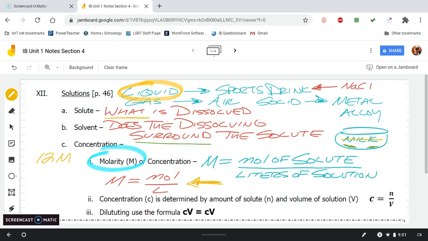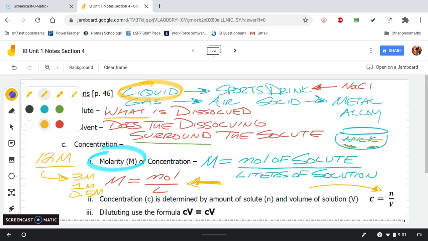When I give you the hydrochloric acid to use in class, I dilute it, and I might give you, let's say, 3 molar, or 1 molar, or maybe 0.5 molar. The smaller the number, the more water you have. Okay. Here's the way the IB writes it. I prefer the way that we learn it here: molarity equals moles over liters, but this is the same thing. C is concentration, n is moles, and V is volume, right?